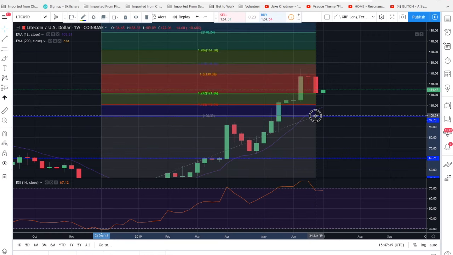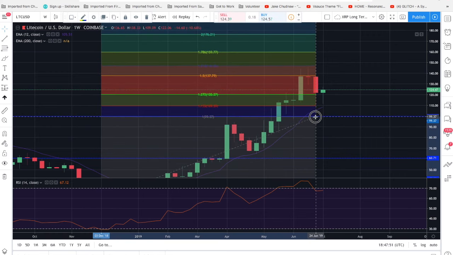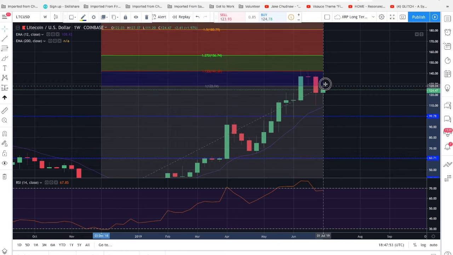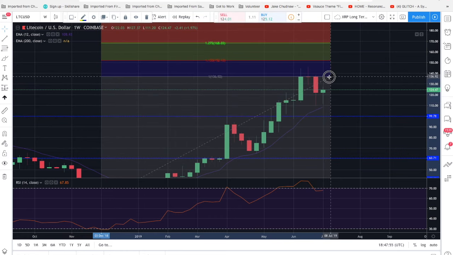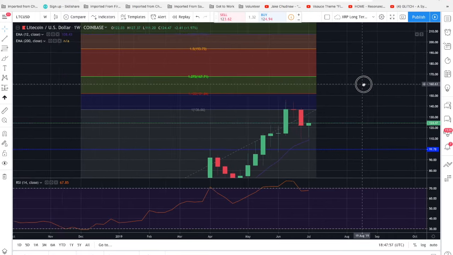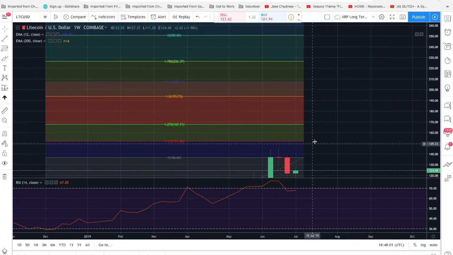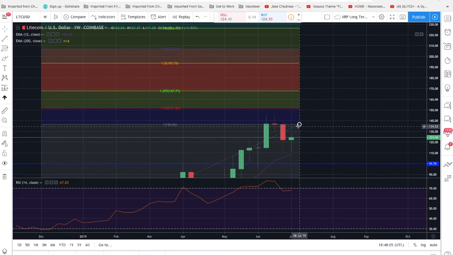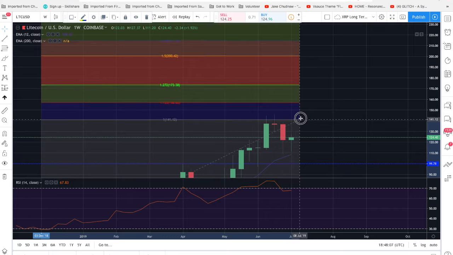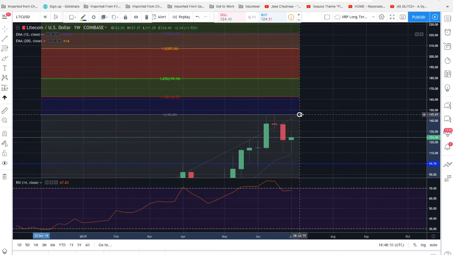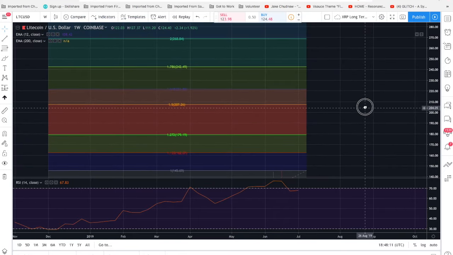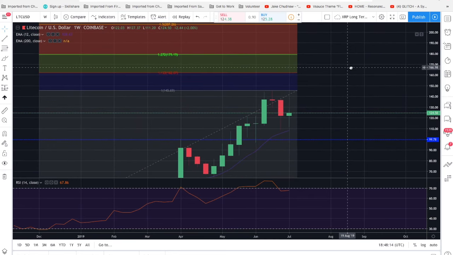You can either take this and say, all right, we'll extend it to the 0.5 and go from there and look to scout targets if this rally is to continue. Or you could even go on the wick, which is the 1.618, and go from there. Again, a lot of it depends on your trading style and what you like to do.